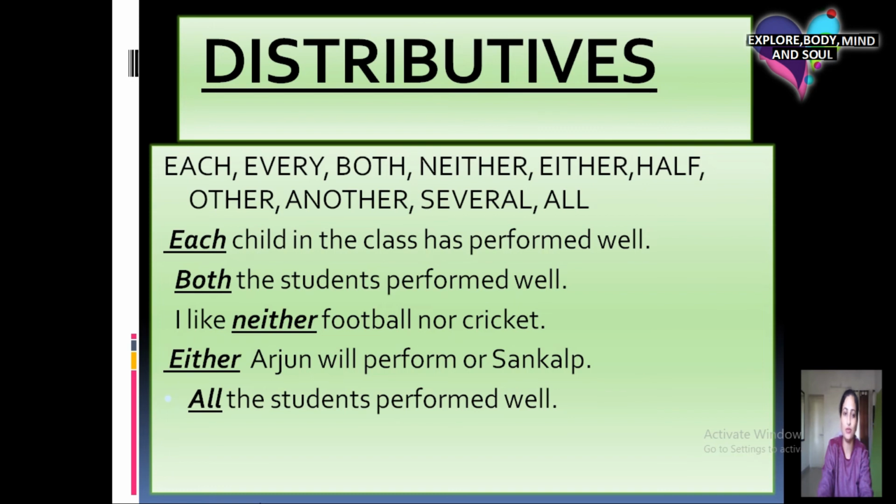The group may be of two people, two individuals even, but they are referring somehow to a group. For example, each child in the class has performed well. Here we are talking about the group, the class, taking each child, but that each child represents the entire class. Both the students performed well, that means there were two students who performed well, but we used the word both.